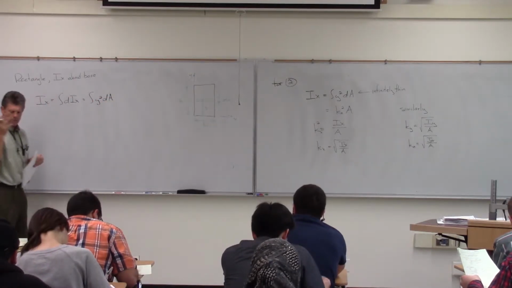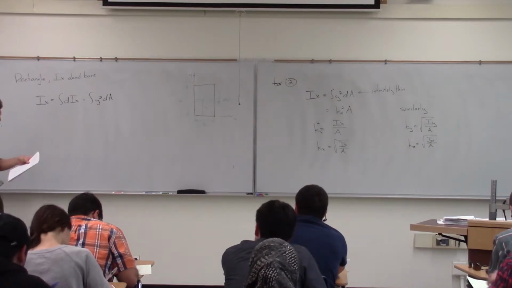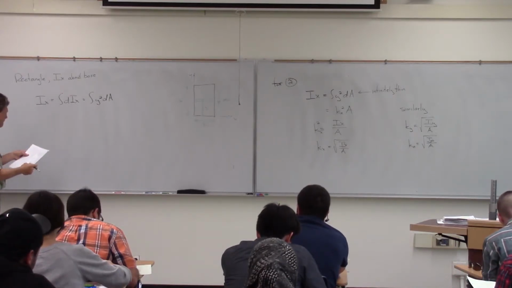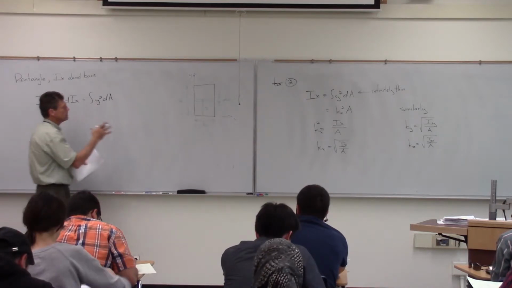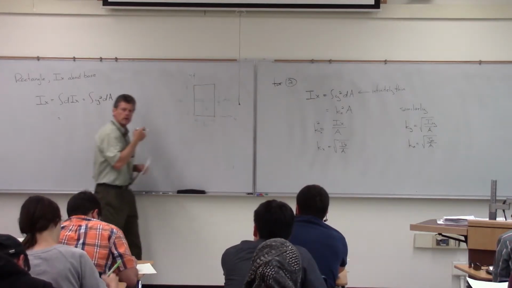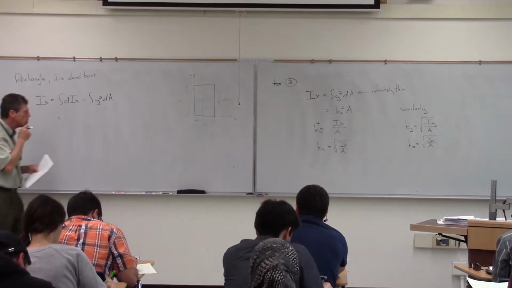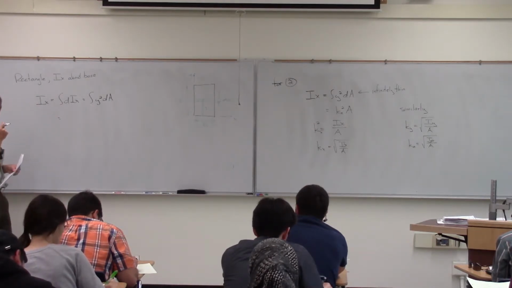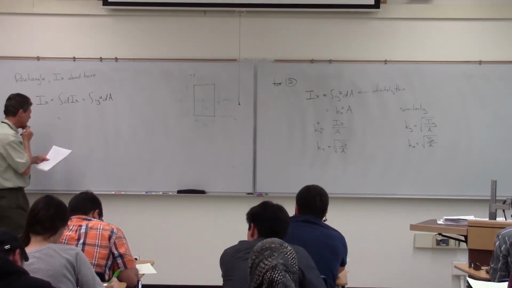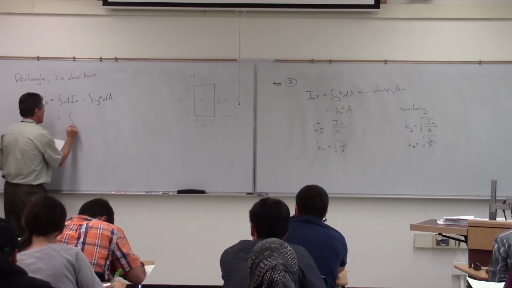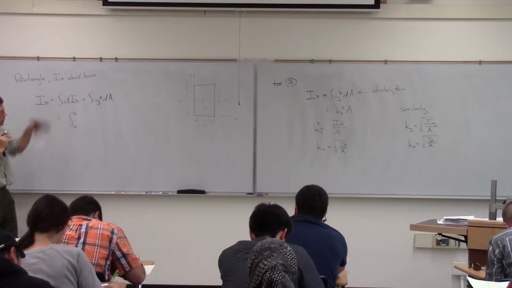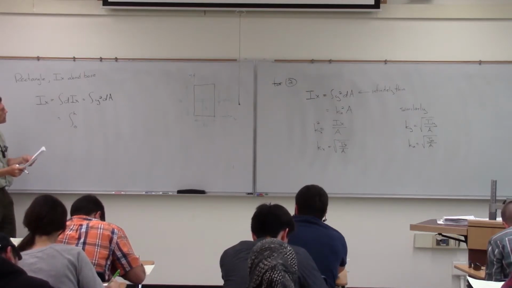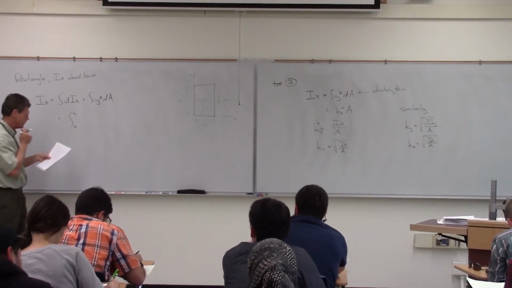And the first thing you'll notice is that we've got a fixed width there, so we don't have to worry about how it changes as we go up y, because it'll always be b. My integration will range from 0 to h as I go up.